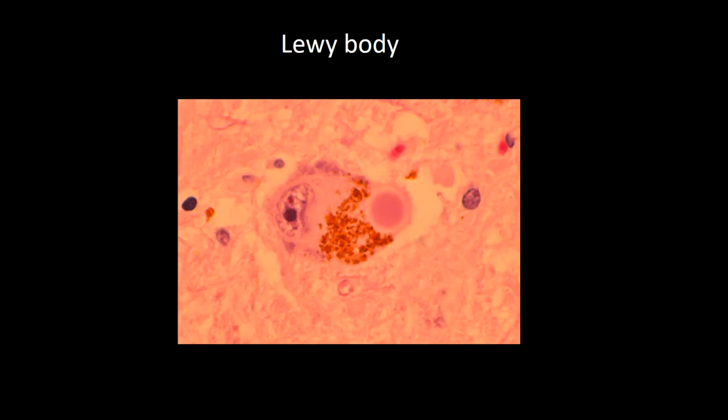The accumulation of abnormal alpha-synuclein protein forms Lewy bodies. They usually look like a round ball flanked by a clear halo. The brown material consists of neuromelanin deposit. The production of neuromelanin is driven by excess cytosolic catecholamine outside the synaptic vesicles.